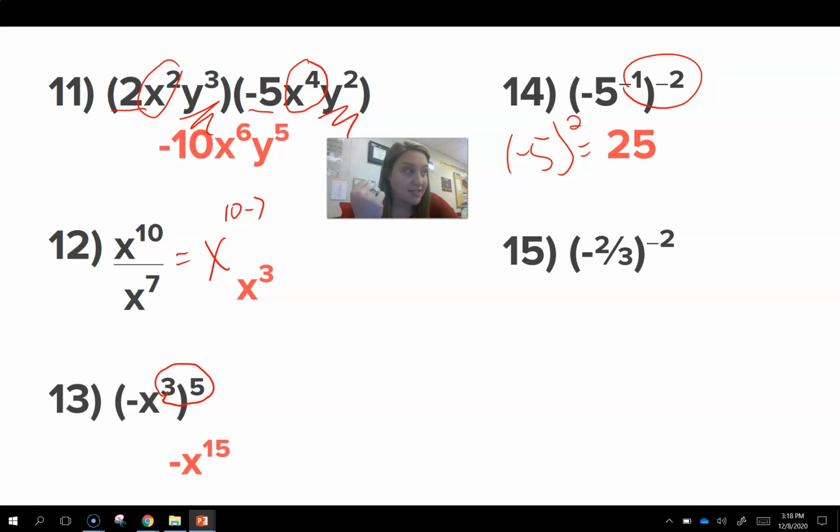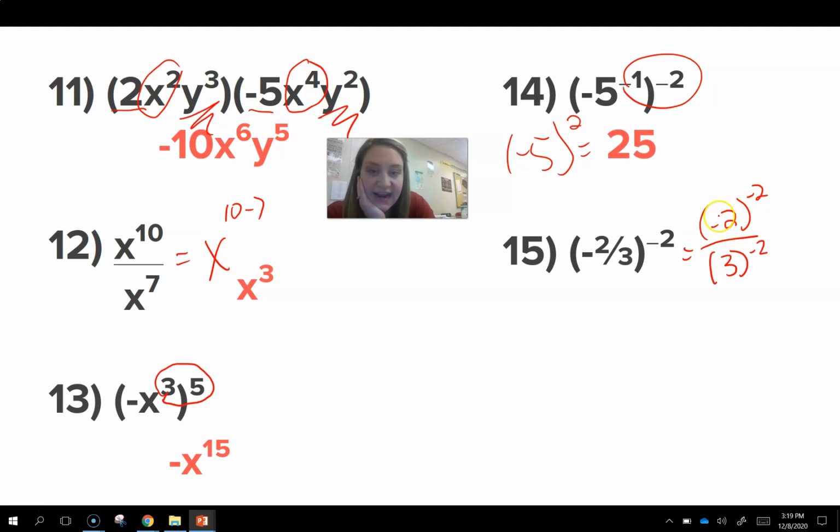Number 15. If I have a quotient, which is division, inside of parentheses, and I have an exponent on the outside, each piece of my quotient is going to get that exponent. Okay. So that's the same thing as saying negative 2 to the negative 2 power and 3 to the negative 2 power. When we have negative exponents, you might remember in Algebra 1, that means that that piece of your fraction is in the wrong spot.